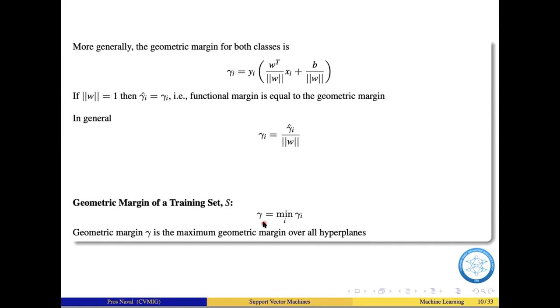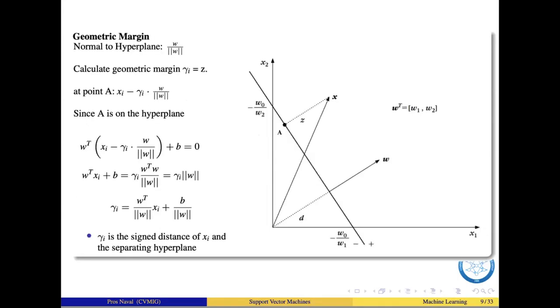Similarly to the previous case for the functional margin, gamma is now the geometric margin for the entire training set, which is the minimum of gamma i. So the geometric margin gamma is the maximum geometric margin over all hyperplanes. Let's go back.